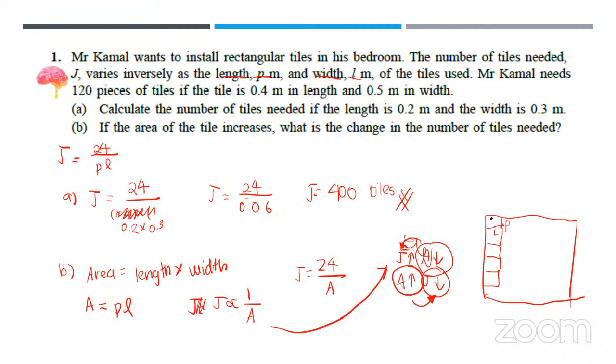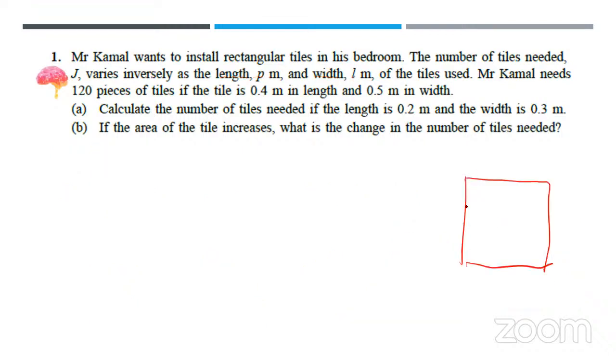So the area of this is small, so you can fit many, many different tiles into this small space. If you have that same square room and now your area is suddenly bigger, you can fit fewer tiles on the floor. So that means that if the area increases, the number of tiles you can fit in this constant space decreases.